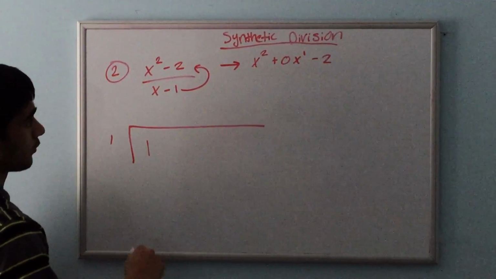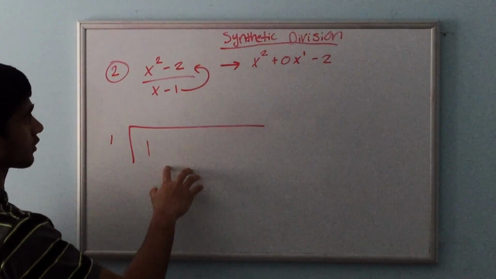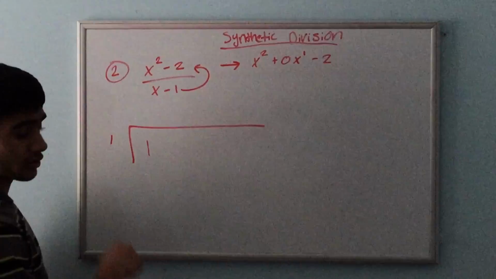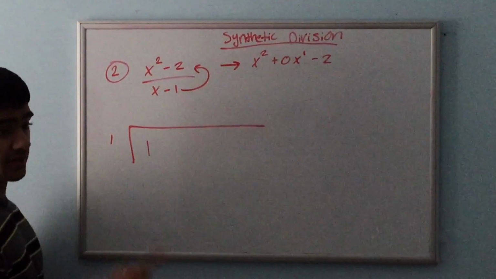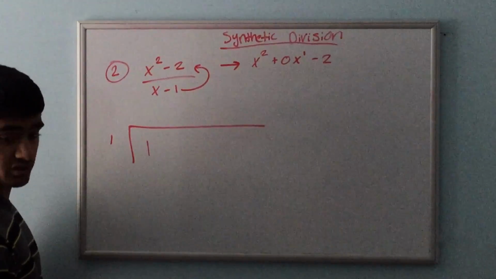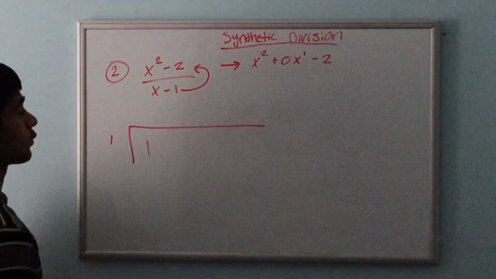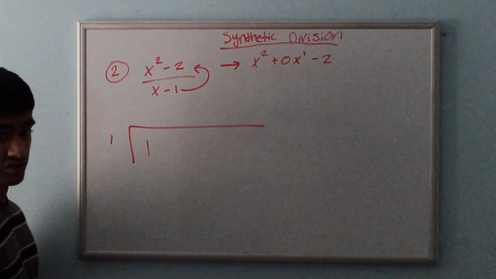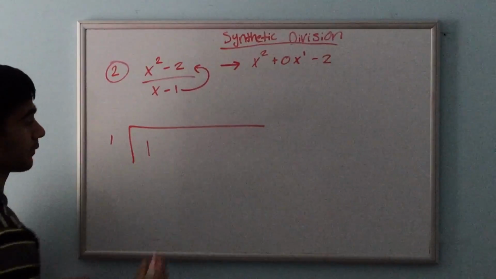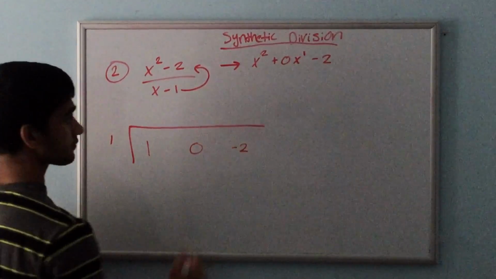So remember, anytime you're doing synthetic division, what goes inside, you have to include every single power going down, meaning from x squared, you have to include x squared, x to the first, and a constant. In this case, we're missing the x term, so we have to write it like this so we know what the coefficients are. So the first coefficient is 1, the second is 0, and the constant we know is negative 2.